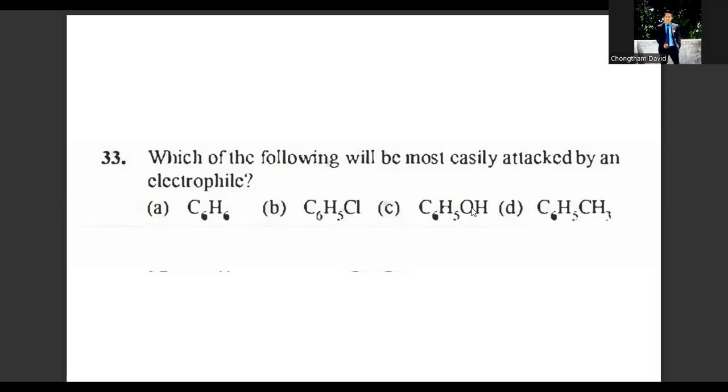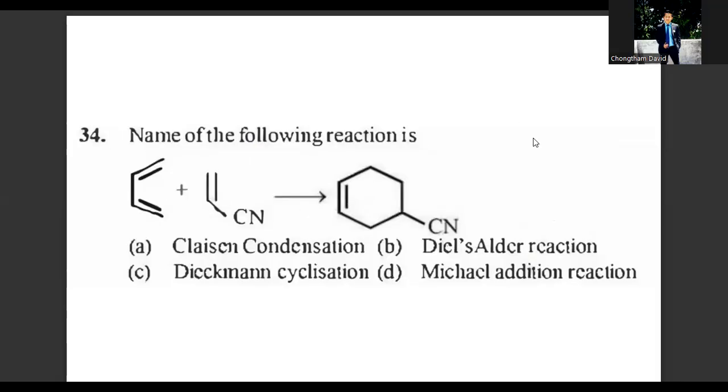So in the case of CH3 you have plus I, in the case of phenol you have plus R. That distinguishes why phenol is more reactive than toluene. I hope it's clear. Question number 33 gives C as the answer because of plus R effect on phenol, then plus I effect on toluene. Question number 34. Name the following reactions.